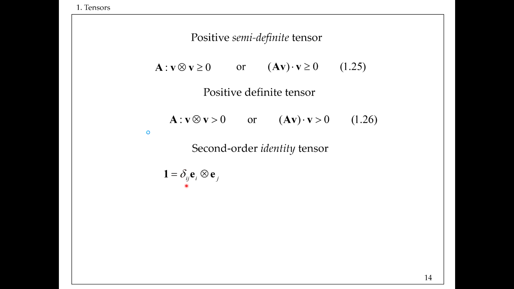Now you can see that delta ij has components that are non-zero, actually one or unit, only when i and j are equal. So we have only three components here of this tensor, right? And that will be e11 plus e22, this linear combination, plus e33, right?